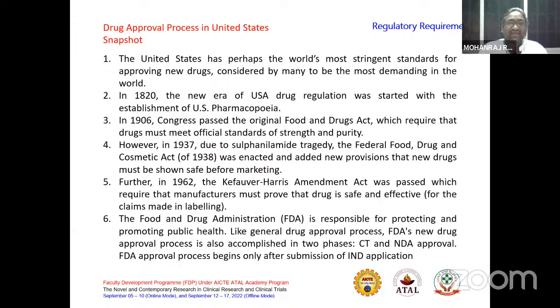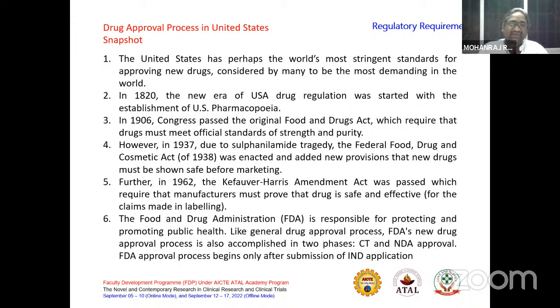The United States perhaps has the world's most stringent standard for approving any type of new drug, and we consider it the most demanding regulator across the globe.